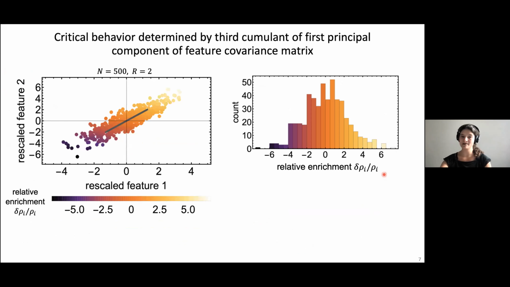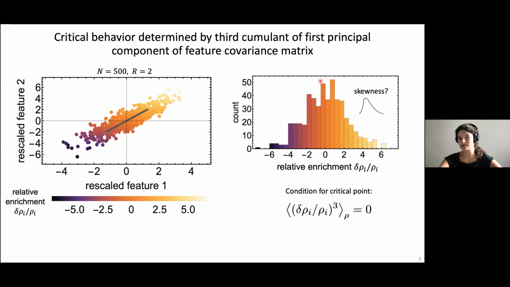And similarly, if we want to consider critical behavior, then as an additional condition to the variance being equal to 1, we find that the third moment of this distribution of the relative enrichment should be equal to 0. So this is basically saying that the skewness of this distribution has to be equal to 0.